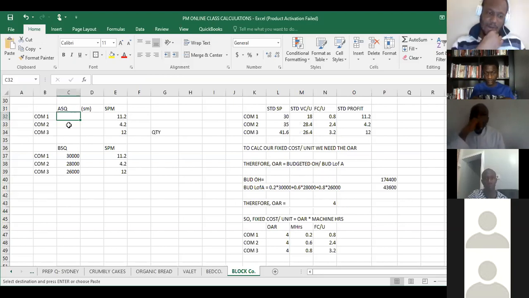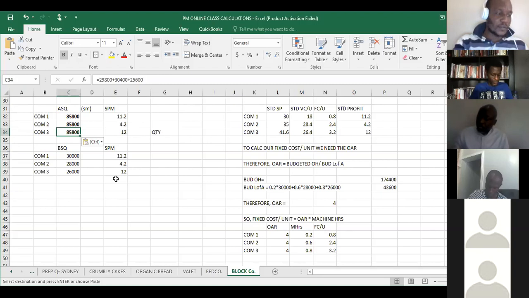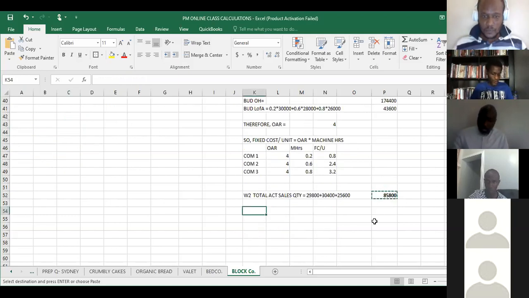Then our mix now. What's our mix? Our mix will be based on our standard, so we have to go to our standard mix. We'll have to do a working for that too. If you know it, you can do it in the exam straight up. So our standard mix.